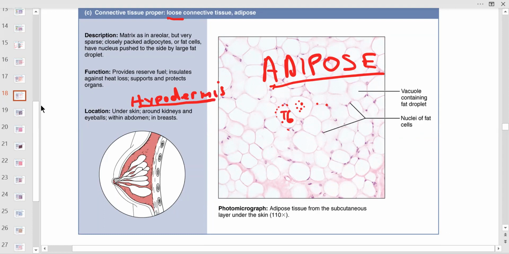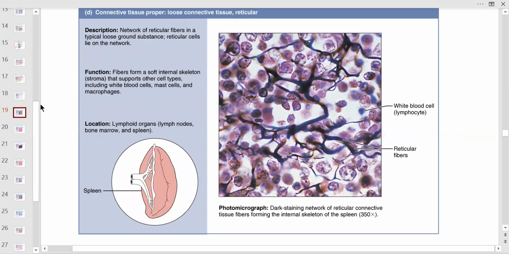But below the dermis is the hypodermis, and that is mostly adipose, under the skin and around things like your eyes. You'll see that when I cut up the cow eye later on in the semester. Abdomen, around the breast tissue. Yes, adipose. That's what it looks like, my friends.